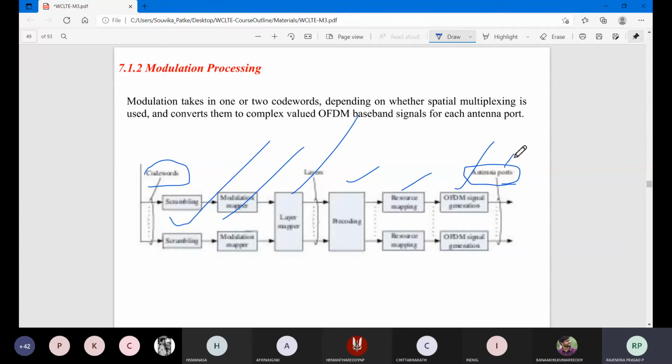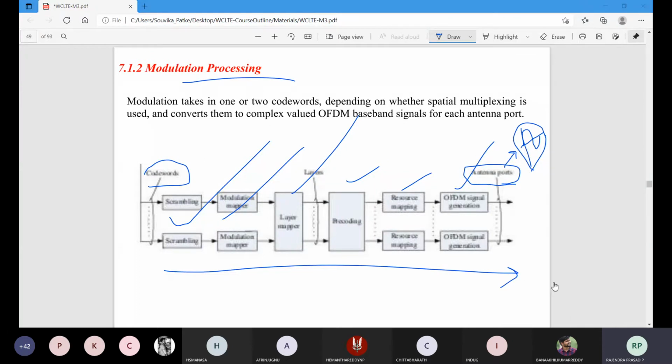Here the antenna port will be just like a radiation source. Whatever data is there will be converted into radiation, and this radiation will be transmitted from this antenna port. So this is all the procedure they follow in the modulation process.